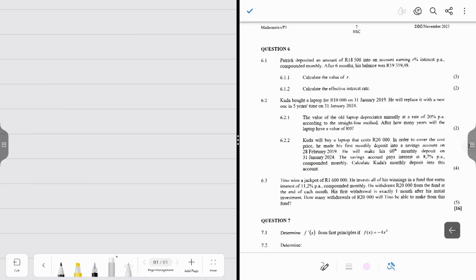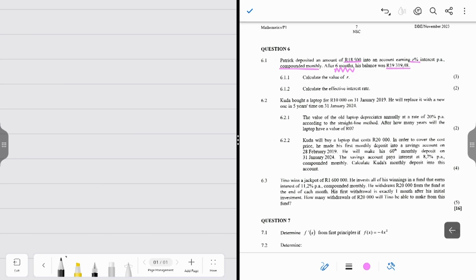We have 18,500 at R%, so we don't know the interest rate, and we also know that it is compounded monthly, and it says that after 6 months, his balance was 19,319.48 cents. All right, we need to find out what is the interest rate.